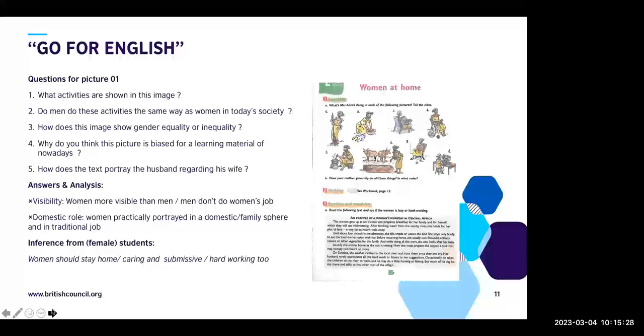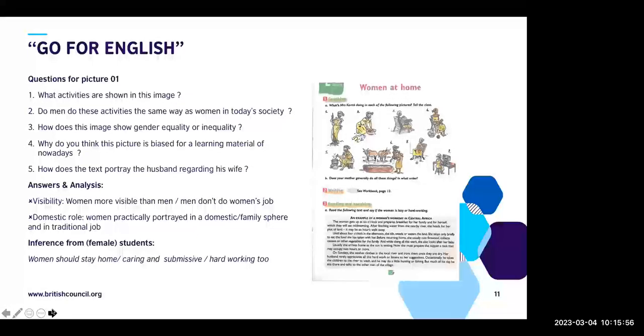But since we don't have enough time, we'll just touch on them, okay? After analyzing the pictures and answering the questions, what we have noticed in terms of visibility is that women are more visible than men, and men do not do women's jobs. In terms of domestic role, we see that women are portrayed in the domestic or family sphere and in traditional jobs.